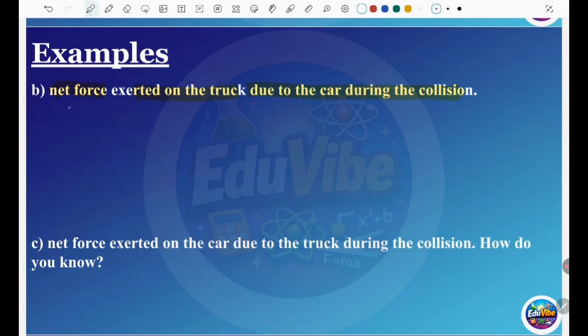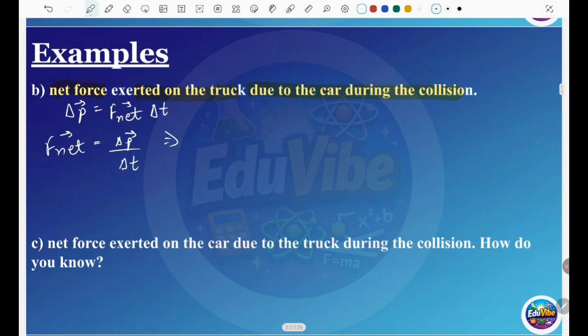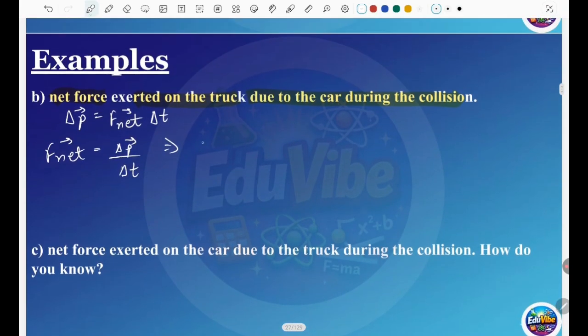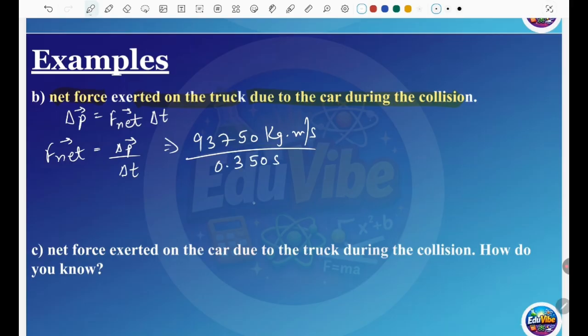You know that delta P is equal to net force times delta T. You want the net force, so it's delta P upon delta T. From here, you put the non-rounded value, which is 93750 kg·m/s, and the time is the same, which is 0.350 seconds, and you get the net force.